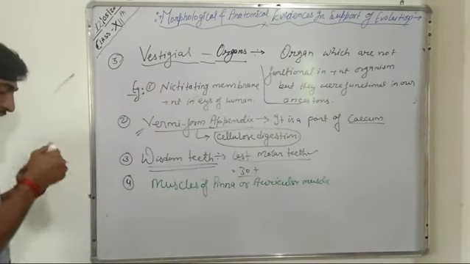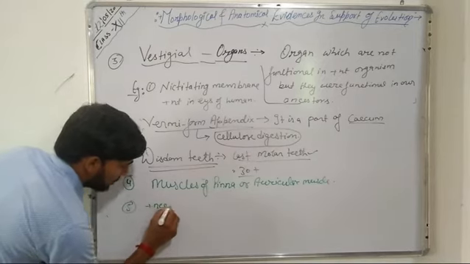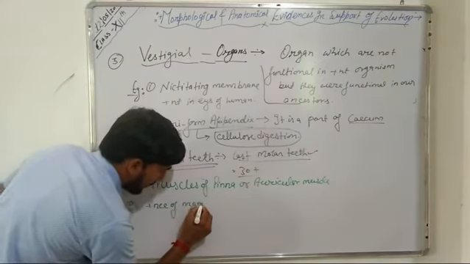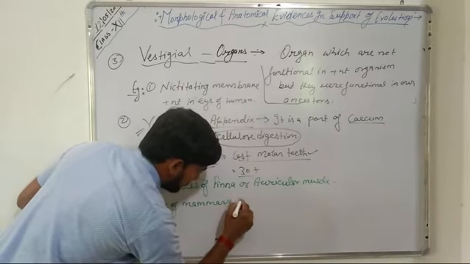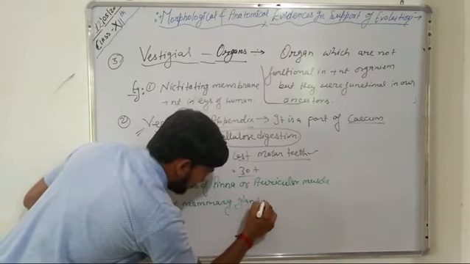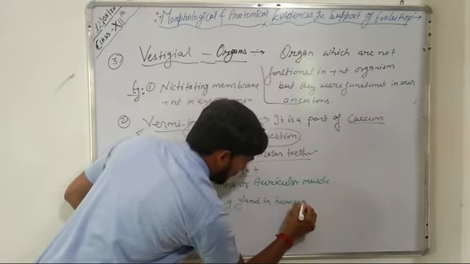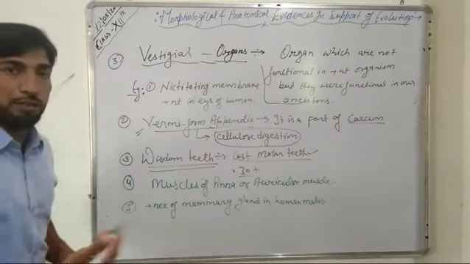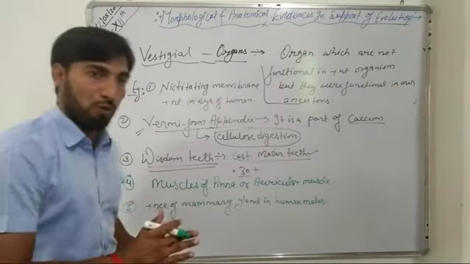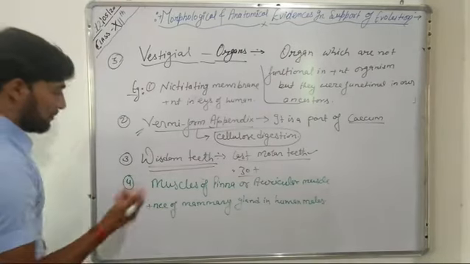The next example is the presence of mammary glands in human males. These are highly reduced in human males and are non-functional, so they are also an example of vestigial organs.